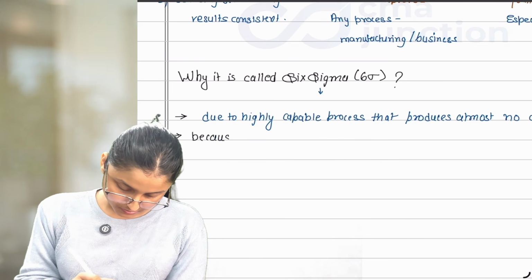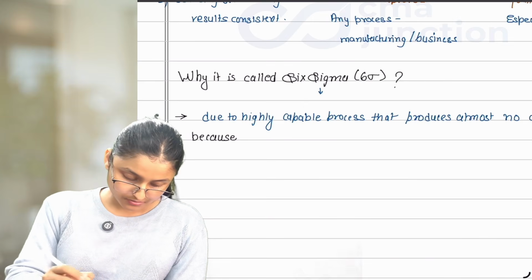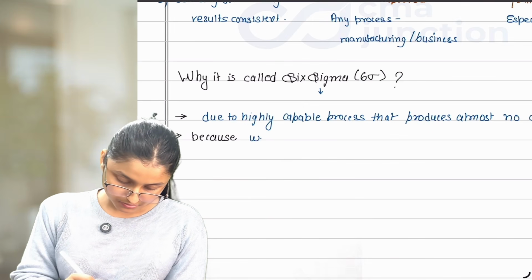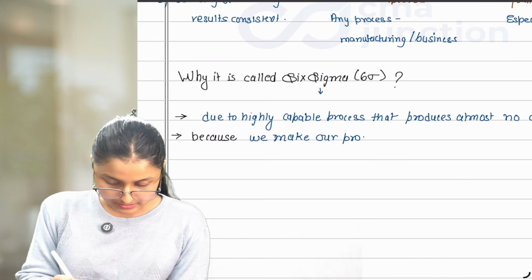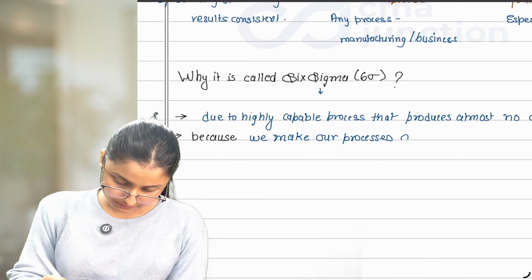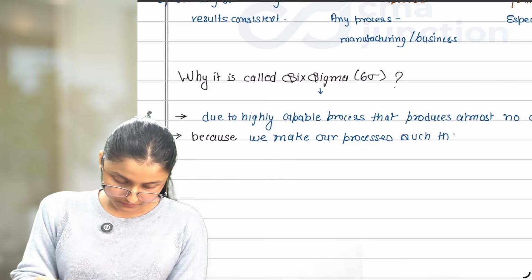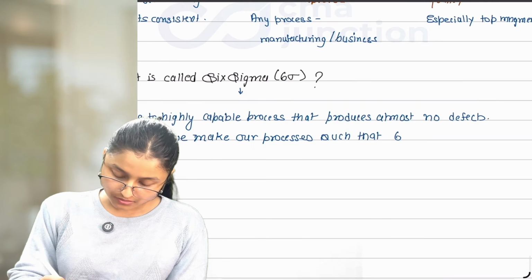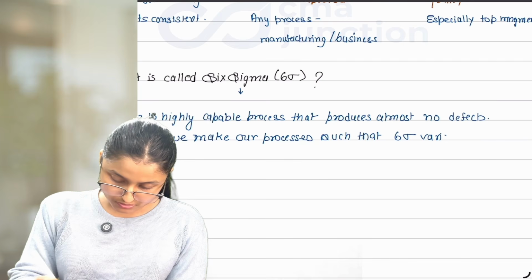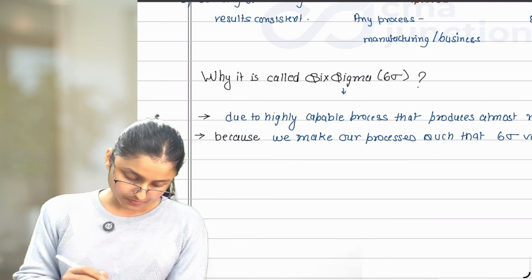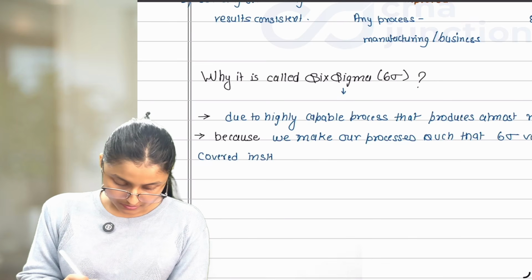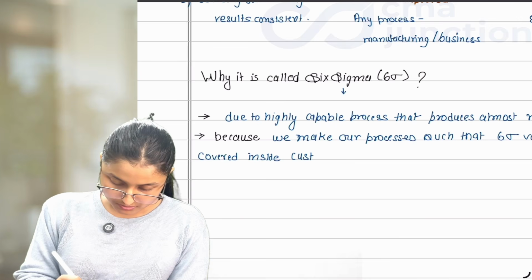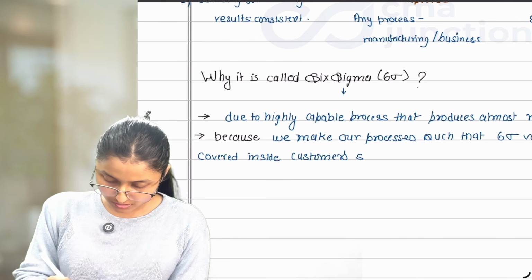Because we make our processes such that Six Sigma variations are covered inside the customer's specification limit.